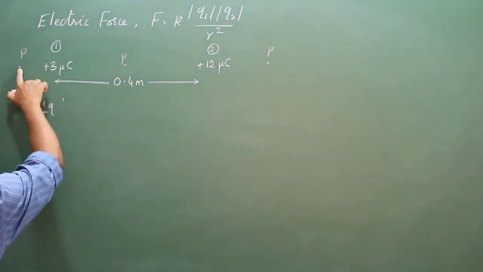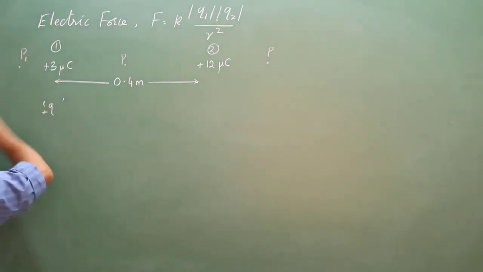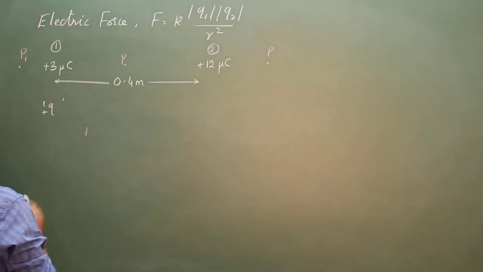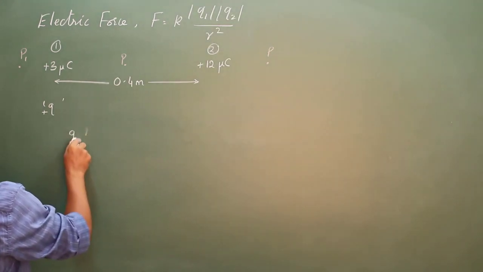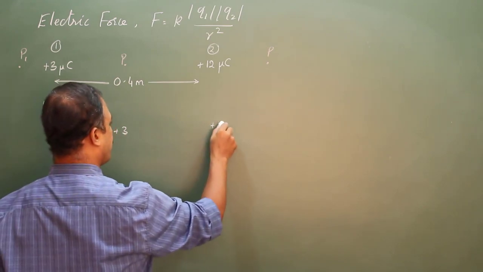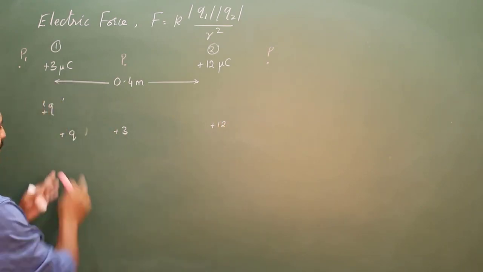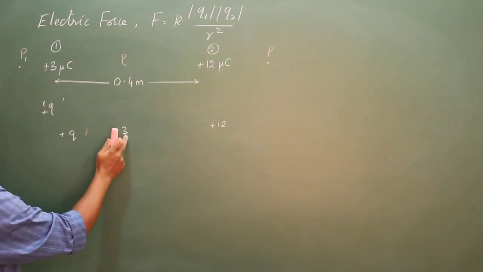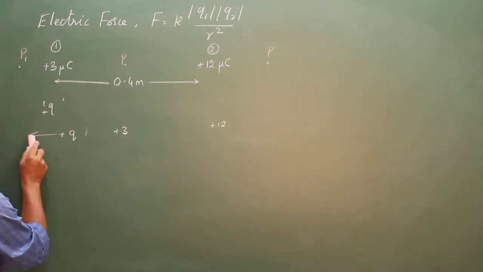Now let me take this position here, and call it P1. If I place this charge Q here, with plus 3 microcoulomb and plus 12 microcoulomb as before, Q will experience a repulsive force due to plus 3, so that force will act like this.